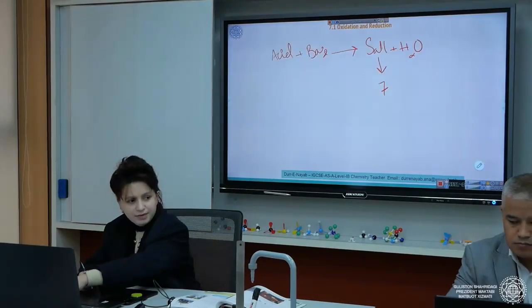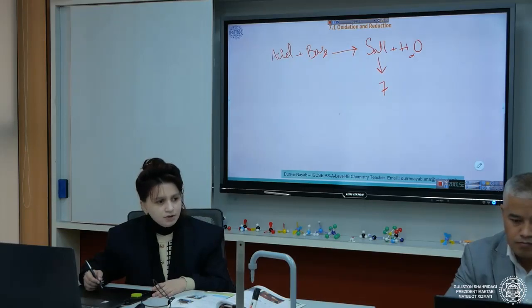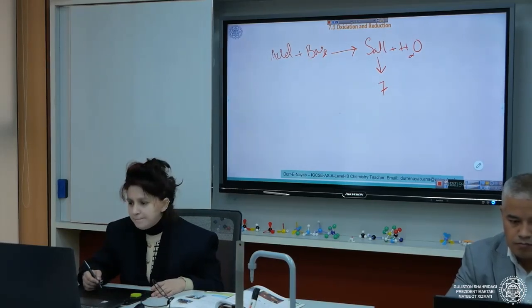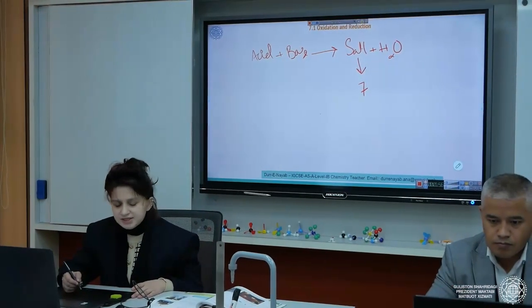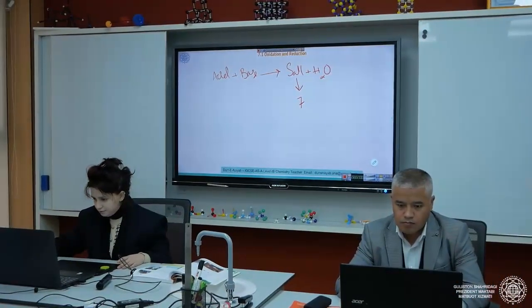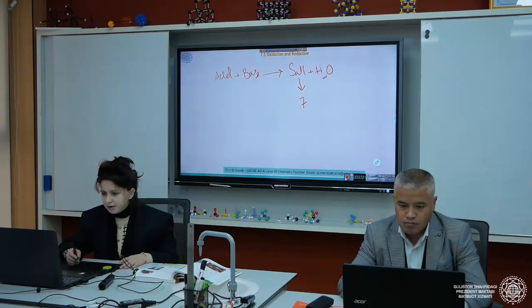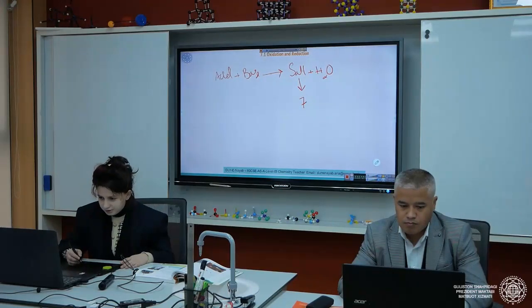Okay, next the type of reaction which we studied in the last class was precipitation. Who is going to tell me about a precipitation reaction? Yes, can you please tell me? What is a precipitation reaction?